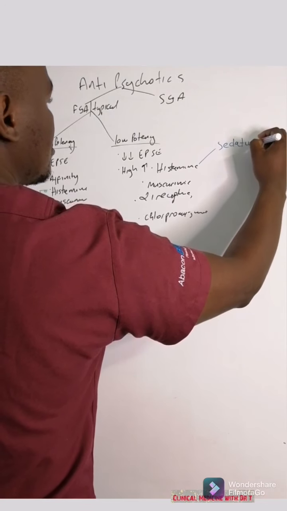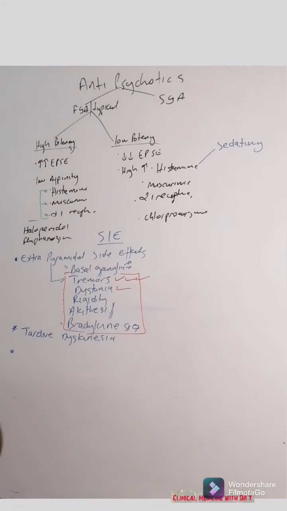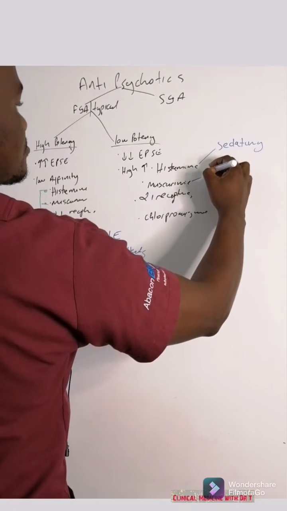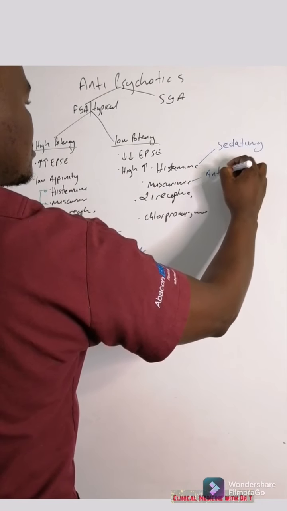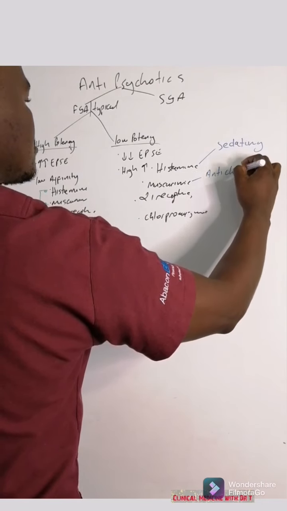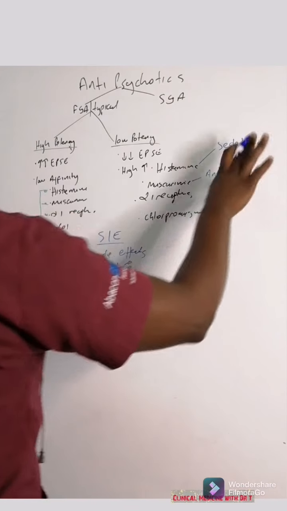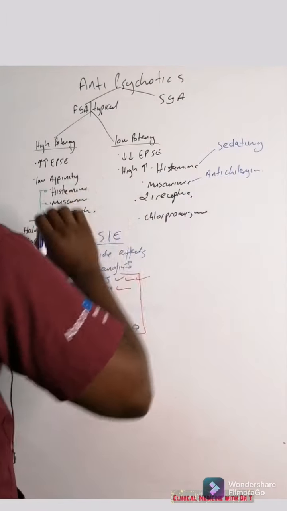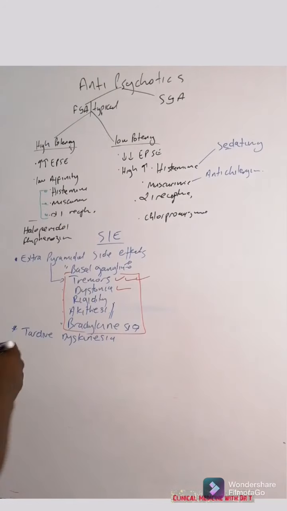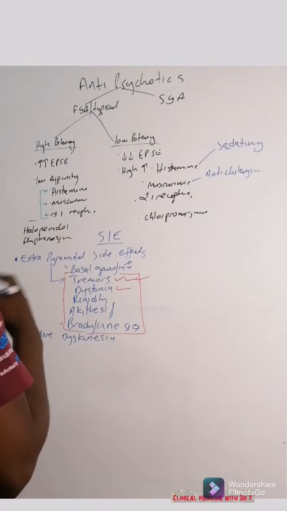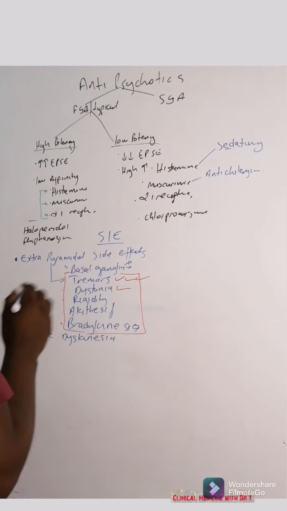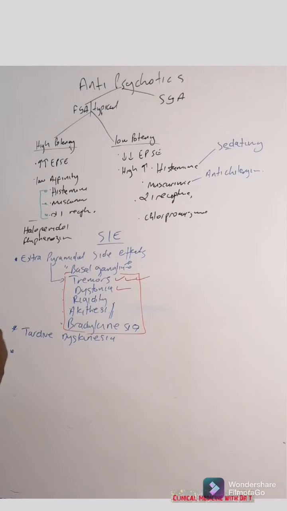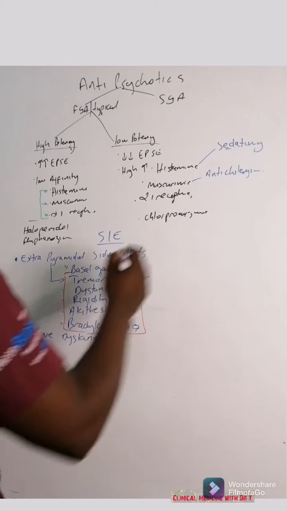Muscarinic gives your anticholinergic effects. So these are the side effects, right? Sometimes you use this side effect to your advantage. When the patient has some kind of insomnia, maybe schizophrenia with insomnia, you can put them on that.